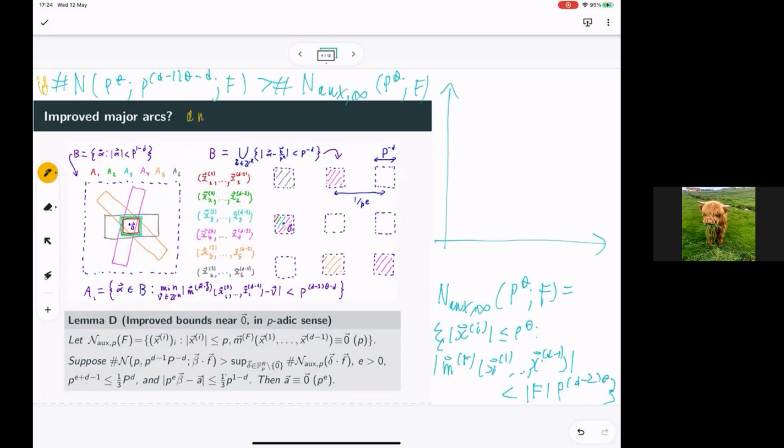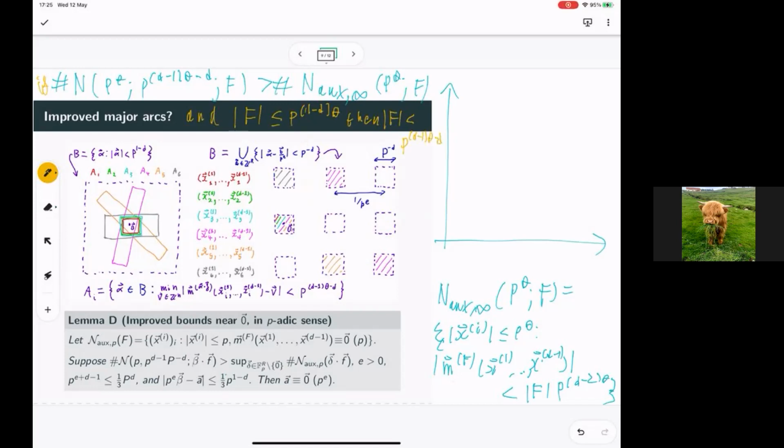and our form that we're plugging in is small, which turns out to mean its coefficients are real numbers no bigger than this much, then it has to be very small, which turns out to mean that its coefficients are real numbers no bigger than, set up in this way, p to the d minus 1 theta minus d.